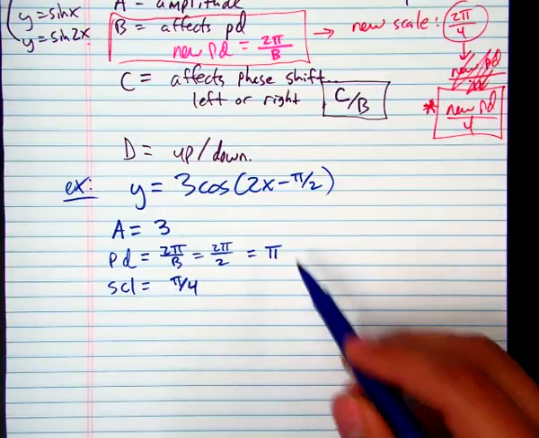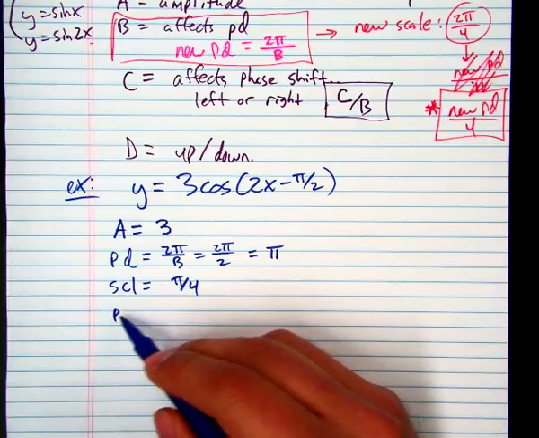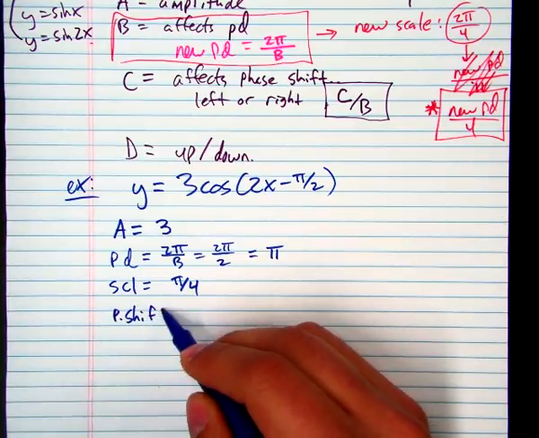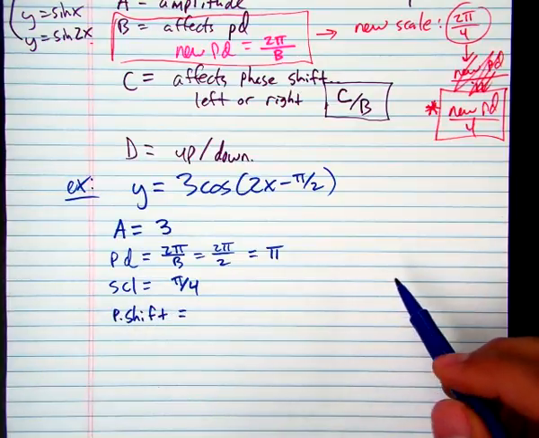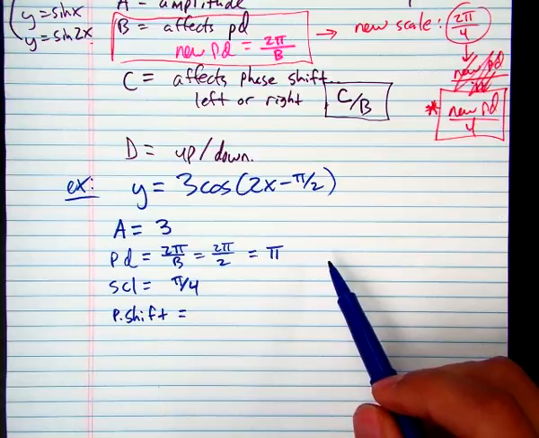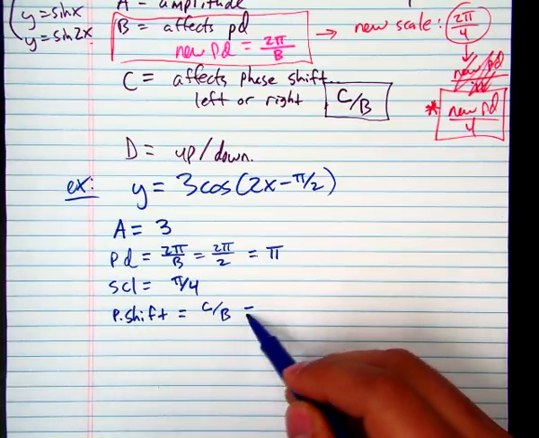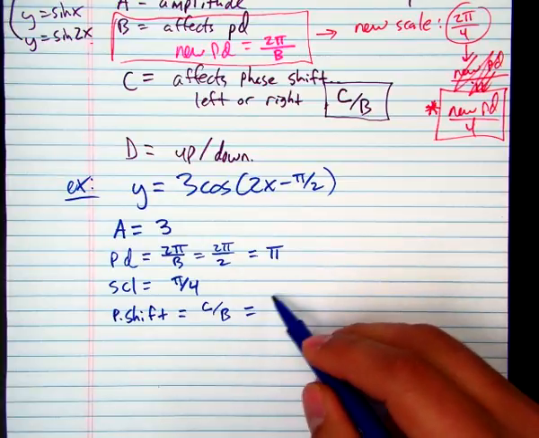And there is a phase shift because there's a minus inside of the cosine function. And how do I find that? C over b, yes. So let's plug that in. C is pi over 2.